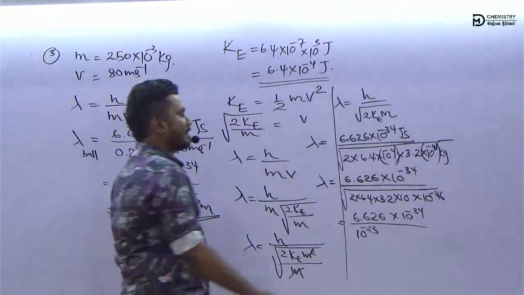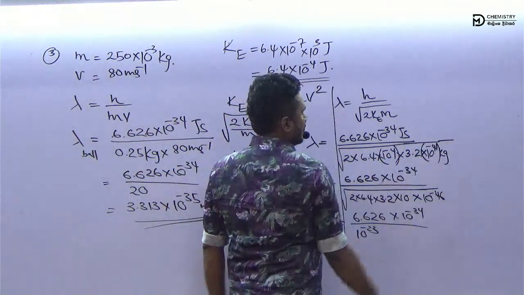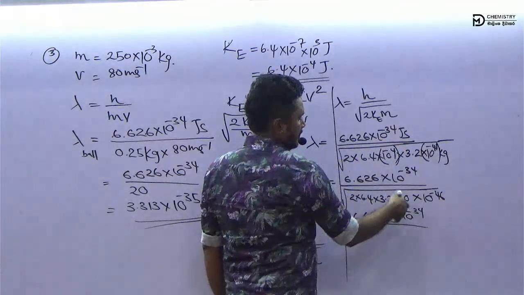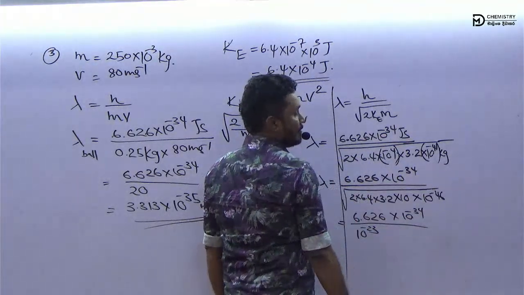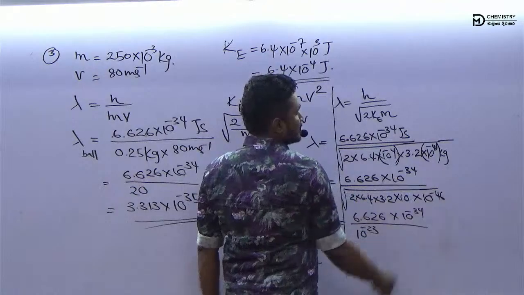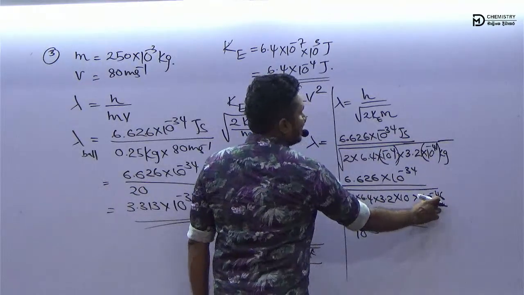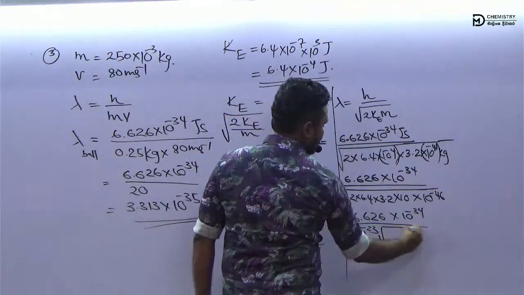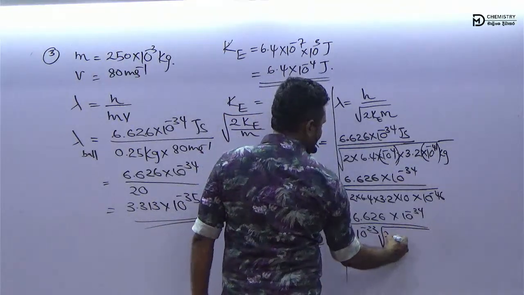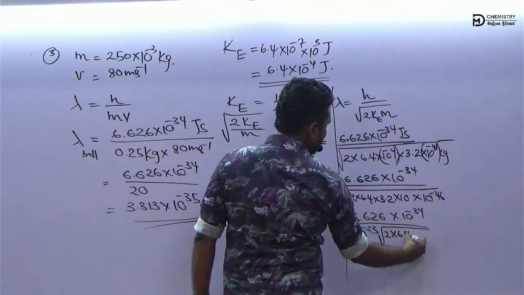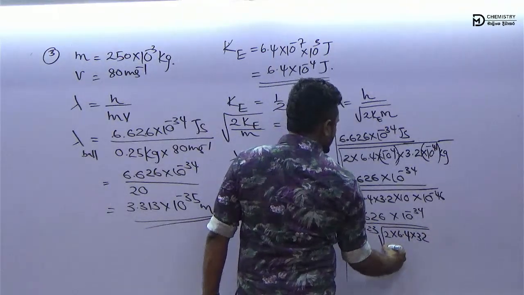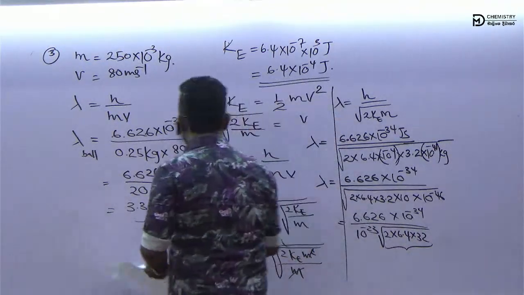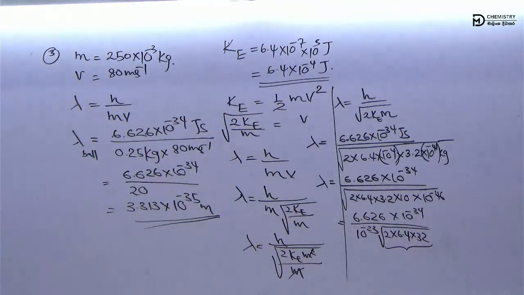That's why I convert this minus 4 and minus 41 by dividing by an extra 10, converting this to minus 46. We are dividing by 10, so we need a multiplication by 10. Here within the bracket we have 2 into 6.4 into 32. Let's calculate the value of this one. Sorry. Don't use a calculator.